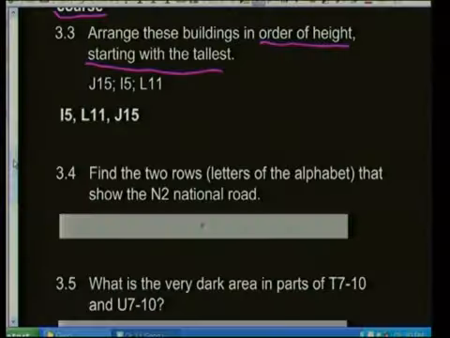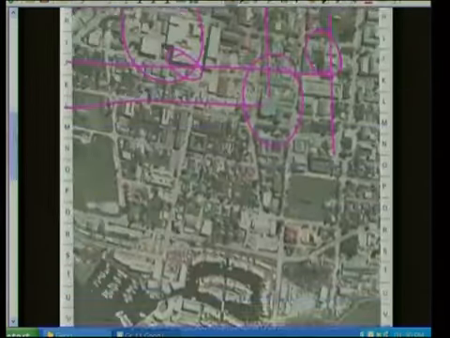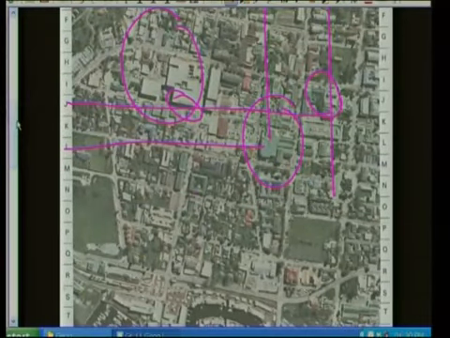All right, so let's look at the next question. Find two rows or letters that show the N2 National Road. All right, I and H. Now, how did we get this one? I and H. We know, again, we learned something about the shape of roads and rivers, etc. They are narrow and long and have sort of irregular shapes and movements.